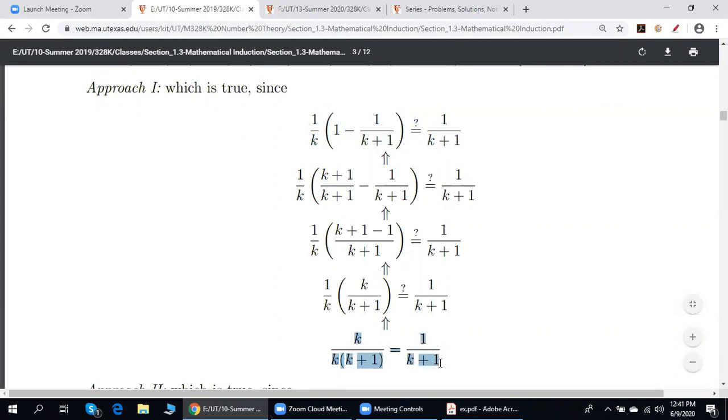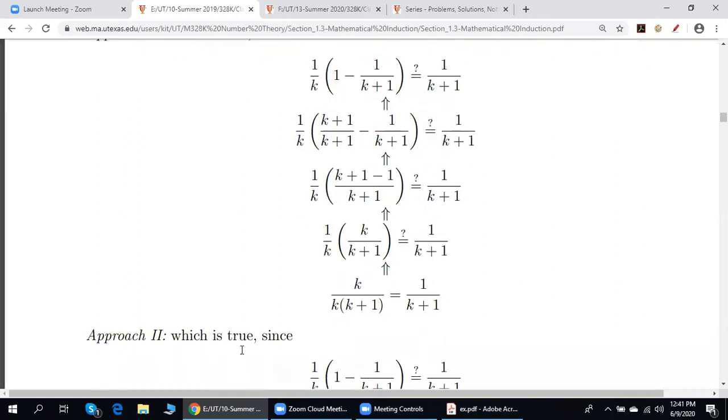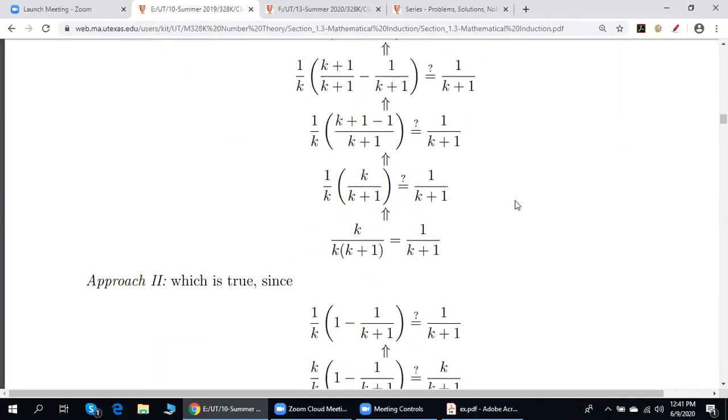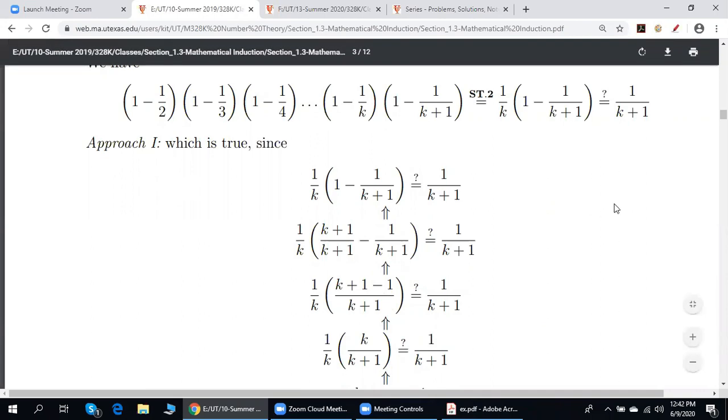In contrast, since this is obvious by college algebra, this implies this, this implies this, this implies this, and this implies this. The desired identity is proven. Again, at home, you can take a look at approach 2. This is basically similar thing, just a slight modification of approach 1.